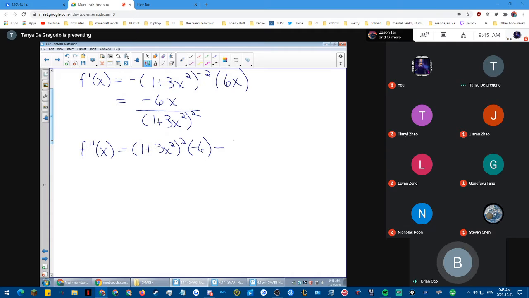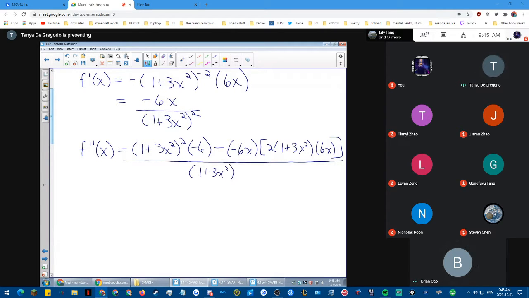Minus negative 6x times 2, 1 plus 3x squared times 6x, all over 1 plus 3x squared, all squared. Good. Excellent.